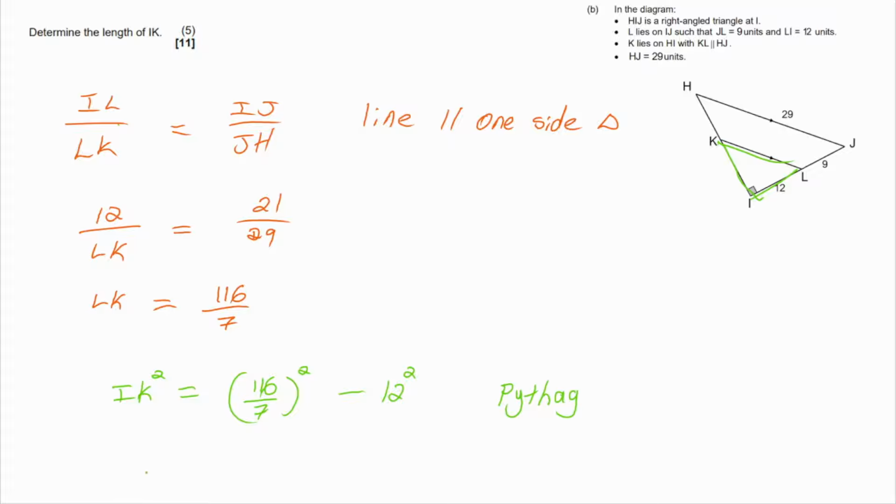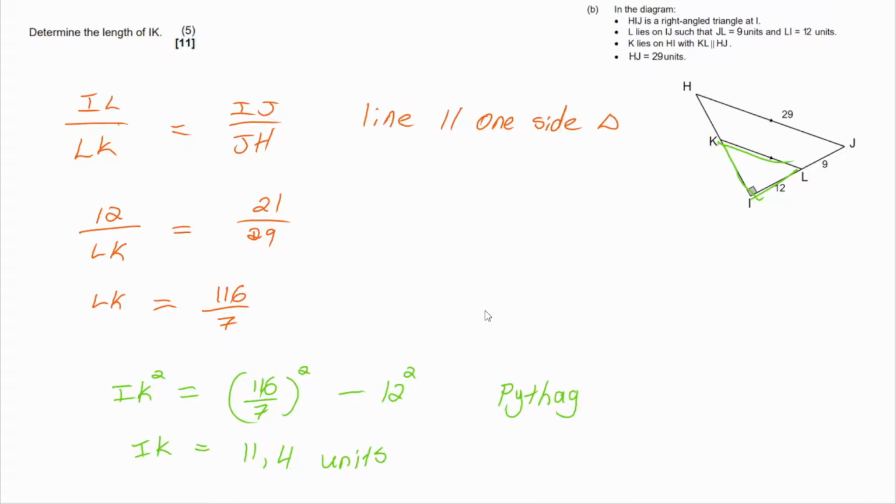If I do this in my calculator, I do 116 over 7, square it, minus 12 squared, square root that, and I get 80 over 7, which is 11,4 units. That is what I get for IK.